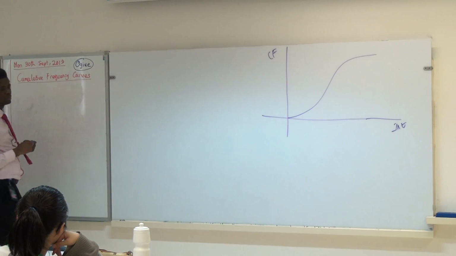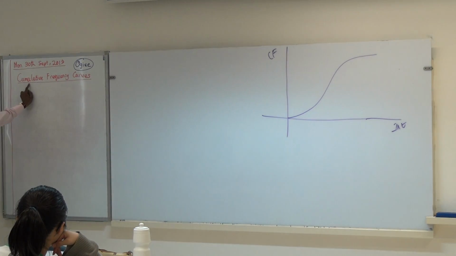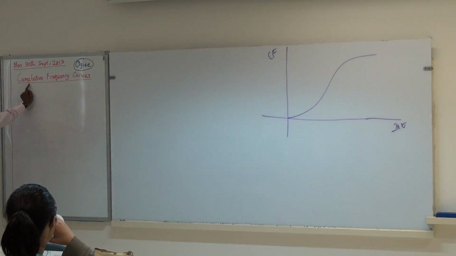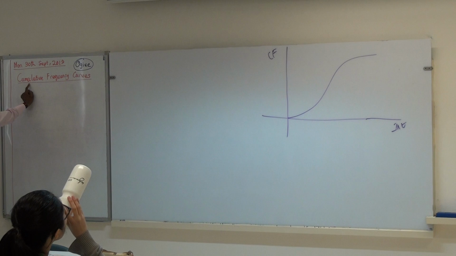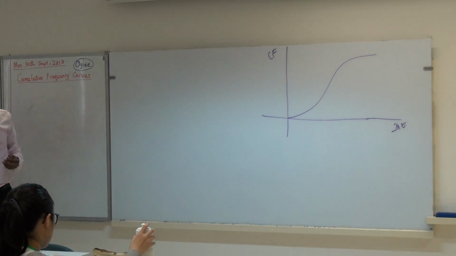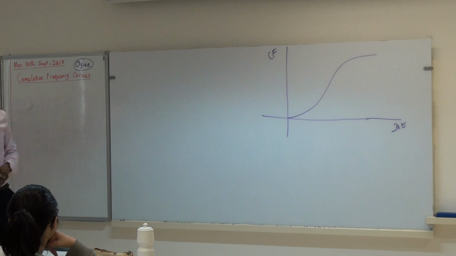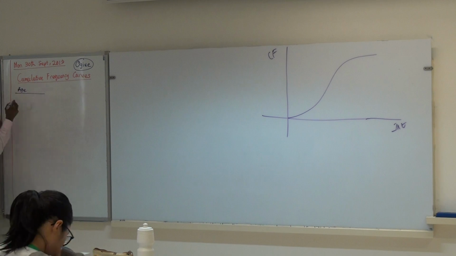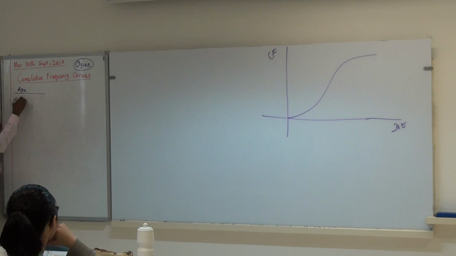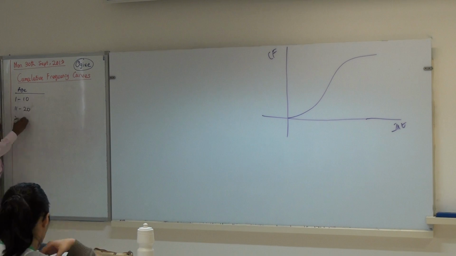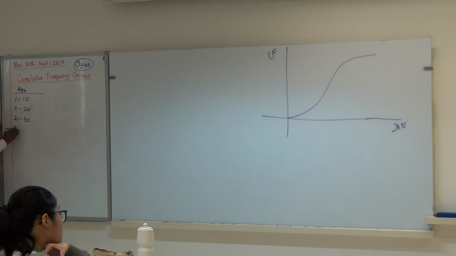Cumulative frequency. Does anybody know what the word cumulative means? Everything together. So when we talk about cumulative frequency, we're talking about everything together starting from the beginning. So if I have a table of age range, I have 1 to 10, 11 to 20, 21 to 30, 31 to 40.